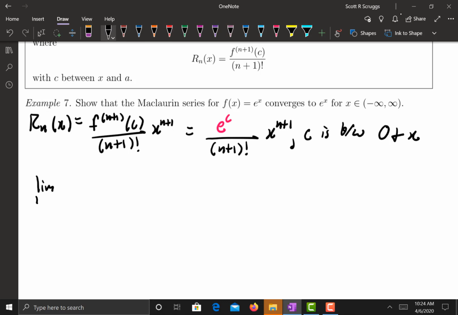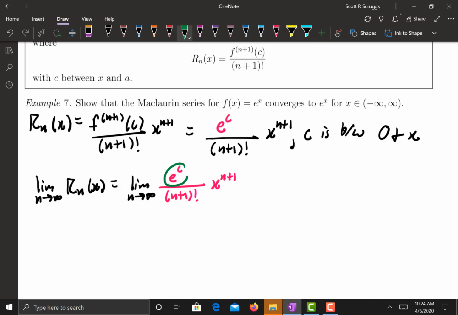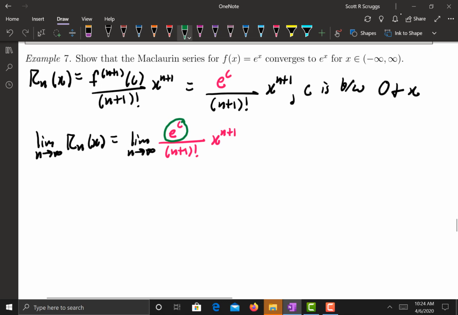Now I need to take the limit as n goes to infinity of the nth remainder evaluated at x. That's the limit as n goes to infinity of e to the c power over n plus 1 factorial times x to the n plus 1. Taking a limit with respect to n, that means e to the c is just a constant with respect to the limit.